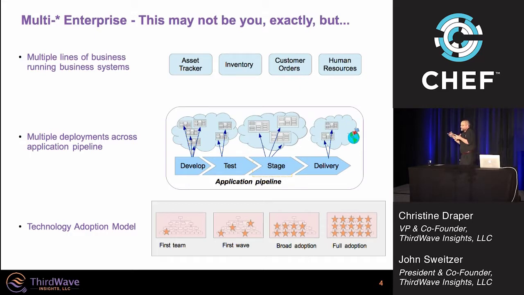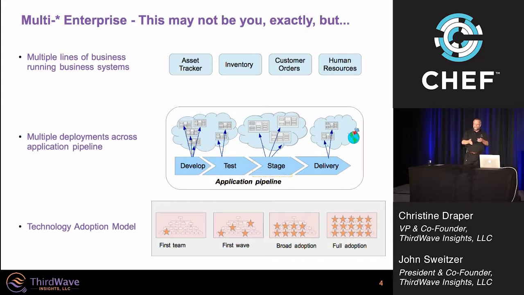The subliminal message behind this is that there are a lot of meals going on in this type of enterprise. Because of the different systems at the different stages, you have topologies being deployed. The one other thing I want to use to set context before we jump into the scenarios is, down at the bottom, the technology adoption model.